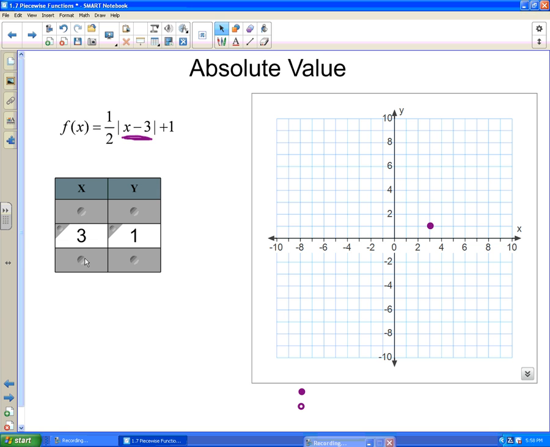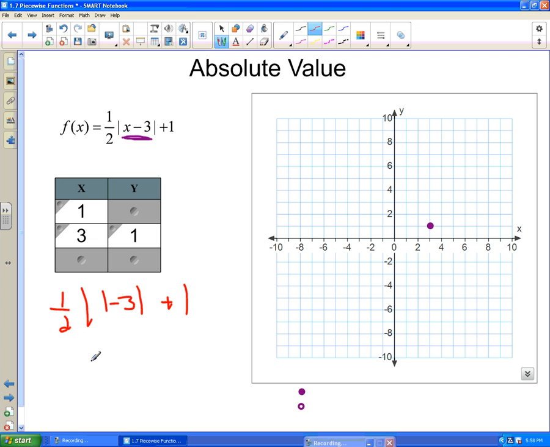I want to pick a number that is less than 3, so we'll pick one that's less than 3, and I chose a 1. And I did so just so that the math would be pretty easy, because I noticed that 1/2 in front, so I have a 1/2 times the absolute value, and I know that 1 minus 3 is negative 2. So that's going to help me not have to deal with a fraction anymore.